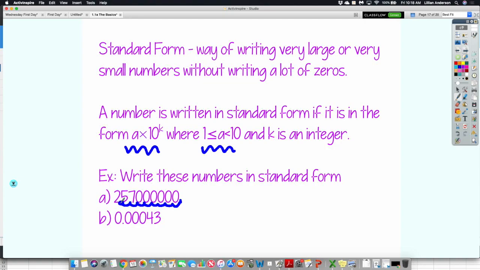You want to make sure you bring the decimal all the way back so that the value of A is between 1 and 10. Familiar? So we'll have 2.57, that's your A, times 10 to the what power? 8. The number of places that you moved it back.